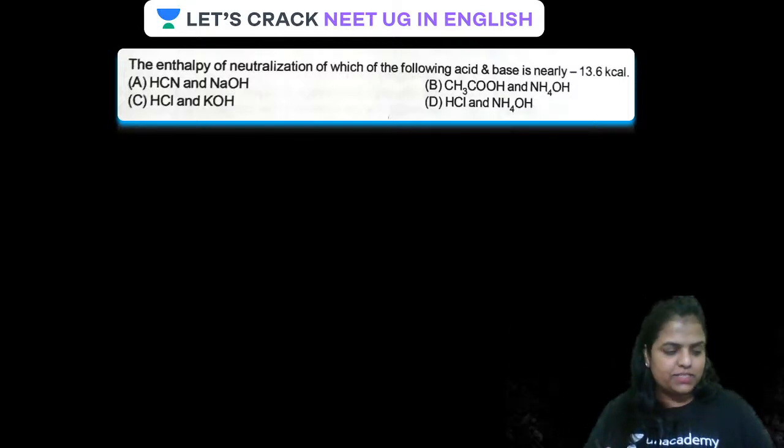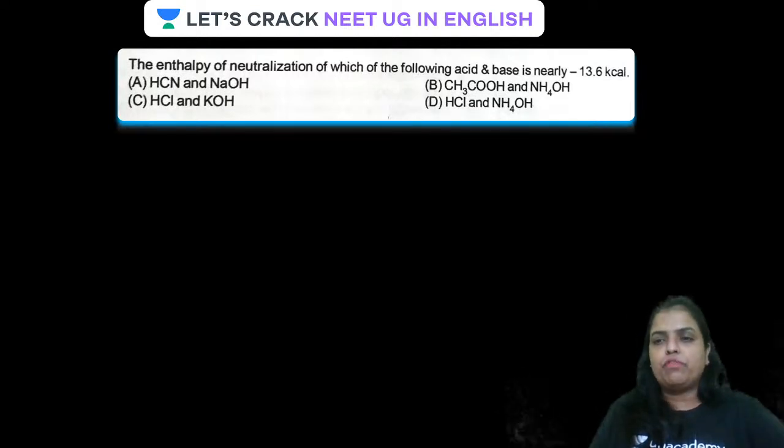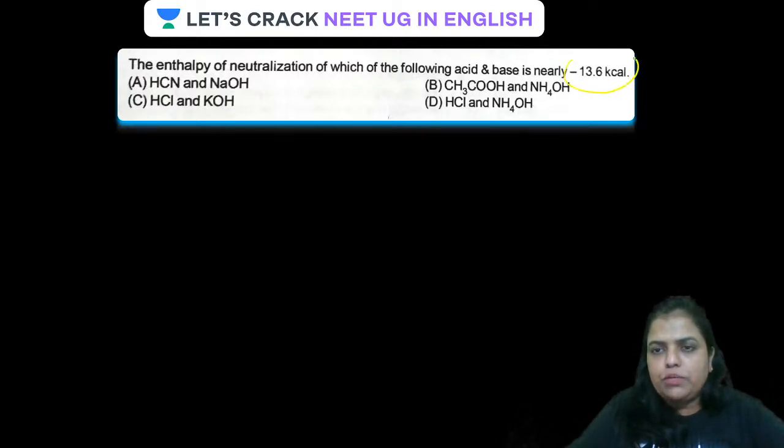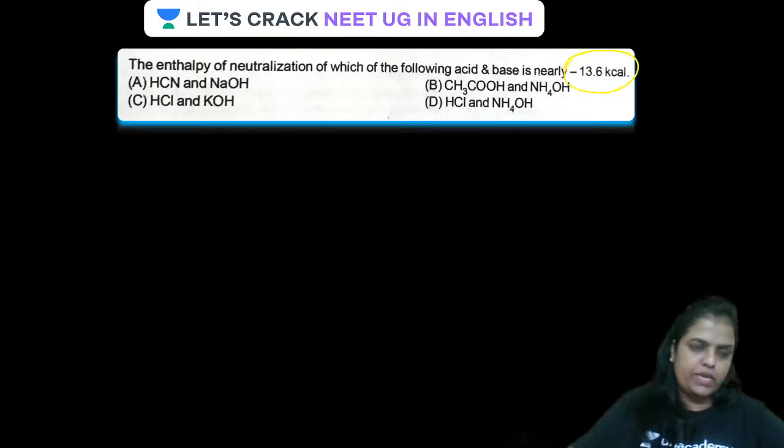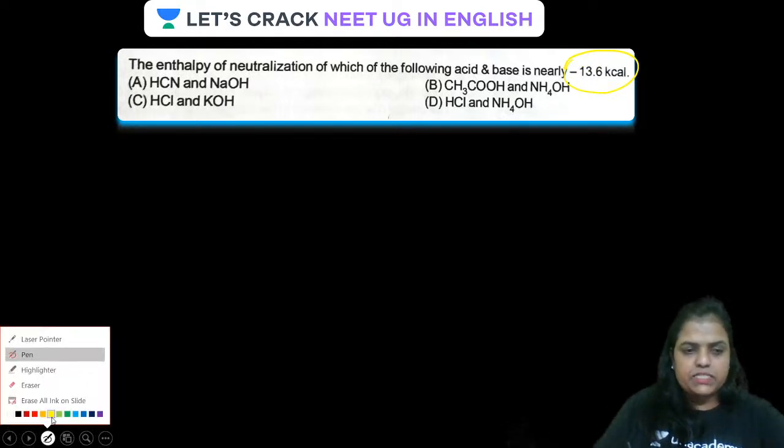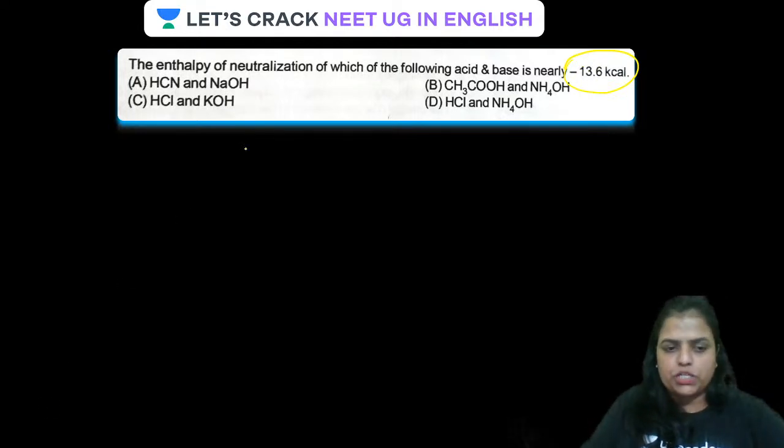Have a look at the screen now. The enthalpy of neutralization of which of the following acid and base is nearly minus 13.6 kilocalorie. Let us see how to solve that question.